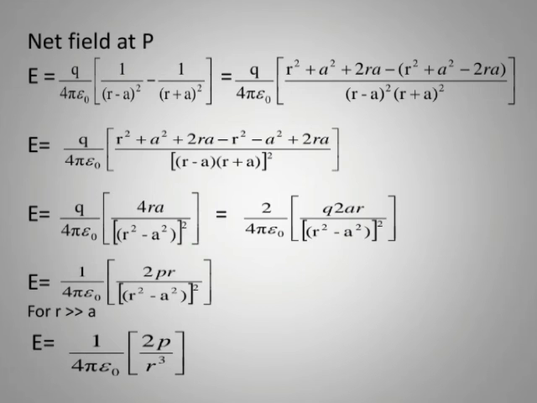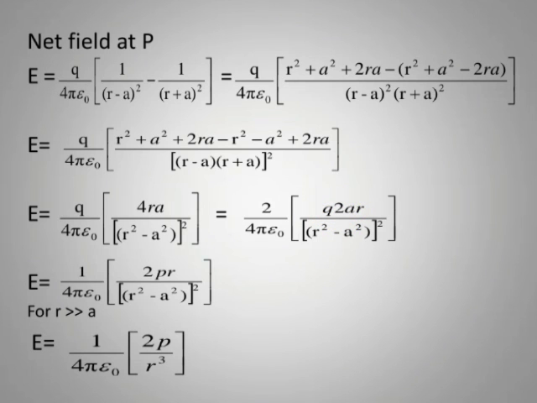Now what do you have to do? You will be carrying the remaining things for every step. I can split this 4 into 2 into 2, so I have split it. Why have I split it? I have taken q also inside, because 2qa, what does 2qa mean?